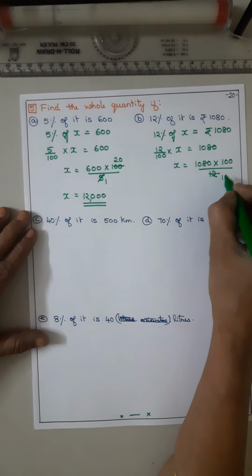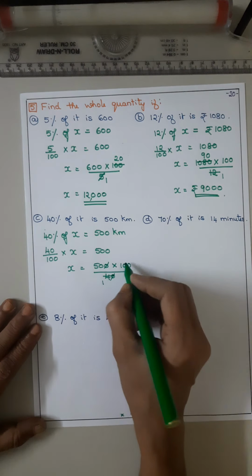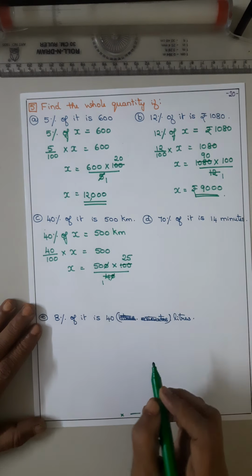Now coming to question number C. So 40% of it means x is equal to 500 kilometer. So it is 40 by 100 into x is equal to 500. x is equal to 500 into 100 divided by 40. 0, 0 cut, isn't it? 4 ones are 4, 25s are 100.